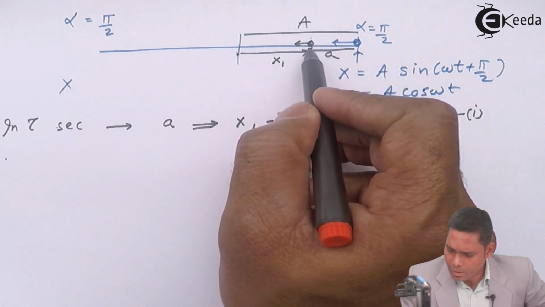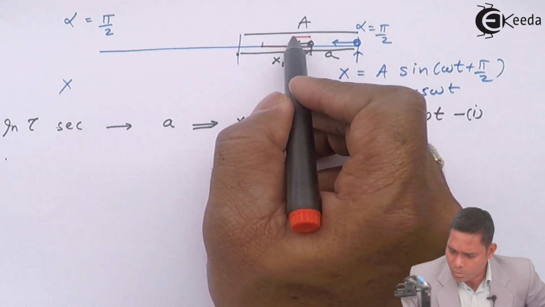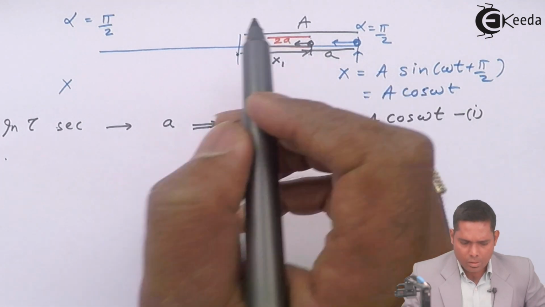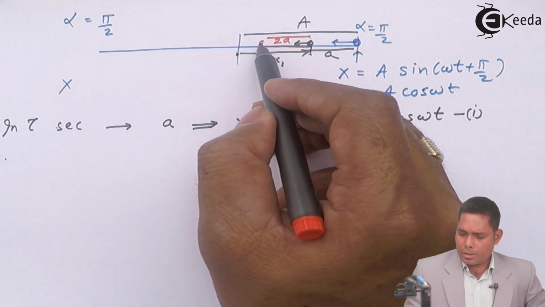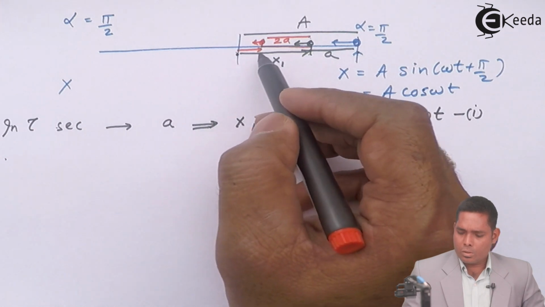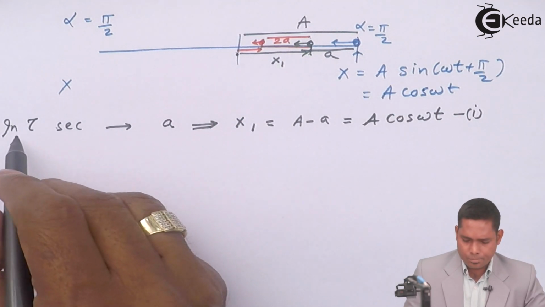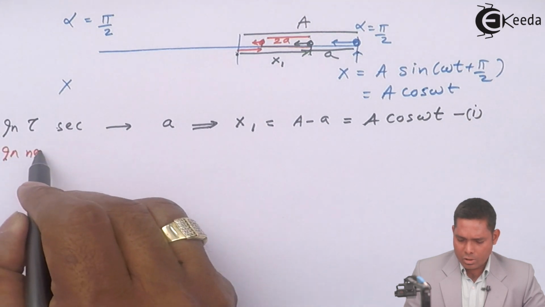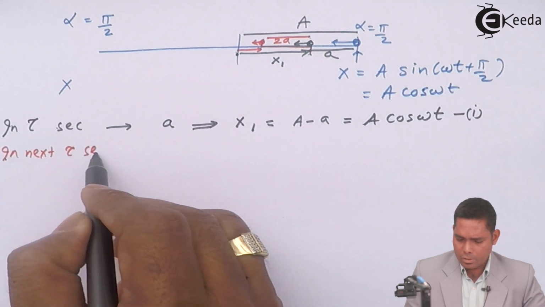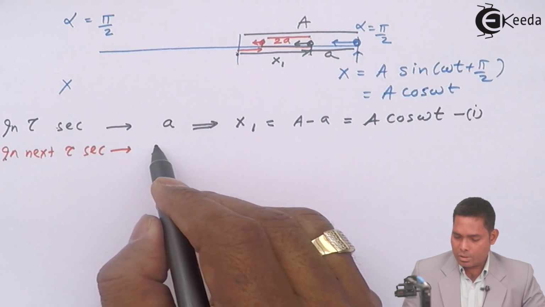From here it is coming to this distance, suppose this distance is 2a. Okay, the distance 2a. Now the particle is here, so the displacement is from here to here. This is the displacement.